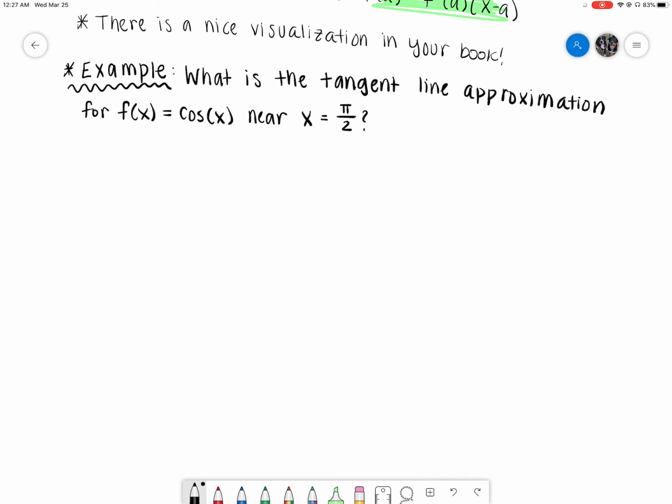So what is the tangent line approximation for the function cosine of x when x is pi over 2?